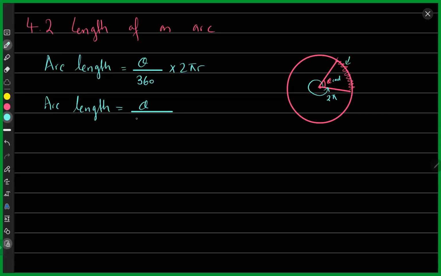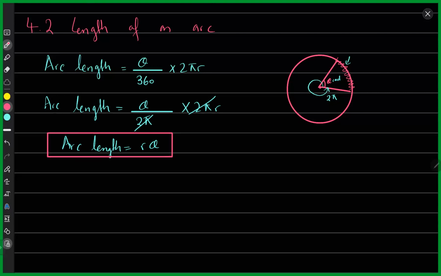So 360 degrees is equal to 2 pi radians, multiplied by 2 pi r. 2 pi and 2 pi would be cancelled and this would give you r theta. So the arc length is basically equal to r theta.